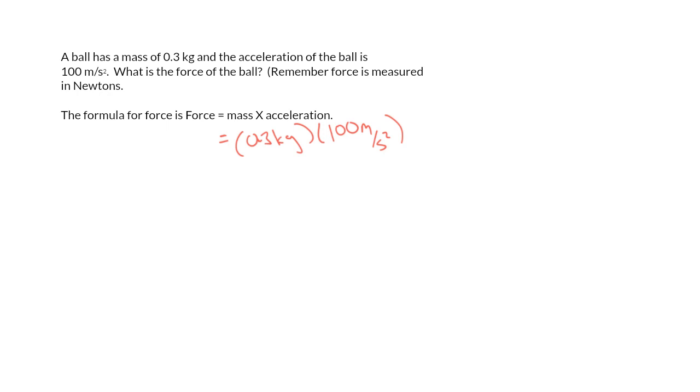Notice when I plugged in the numbers, I kept the units for a few different reasons. The units act as a reminder that if everything isn't in its base unit, then I can change it. The units also act as a reminder of the importance of like terms. It has to be in the proper spot.